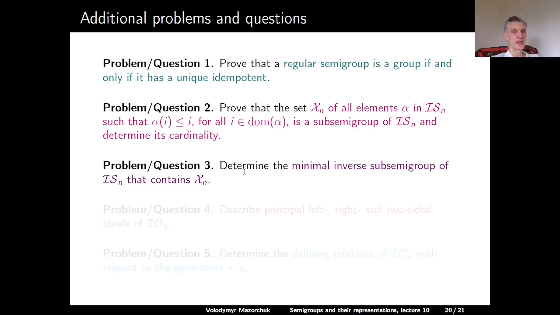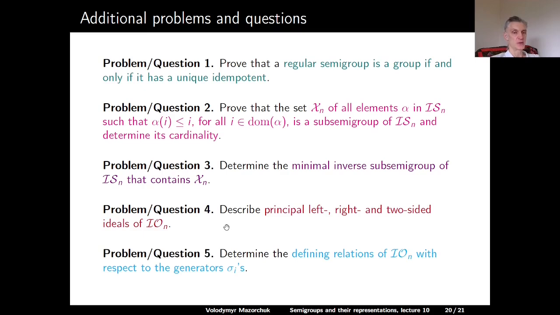Question 3. Determine the minimal inverse subsemigroup of ISn that contains this Xn. Question 4. Describe principal left, right, and two-sided ideals of ION. And question 5. Determine the defining relations of ION with respect to the generators sigma i's.